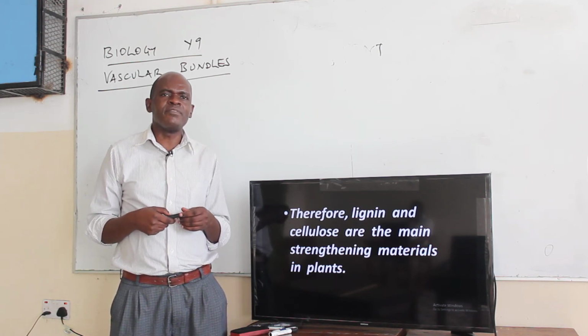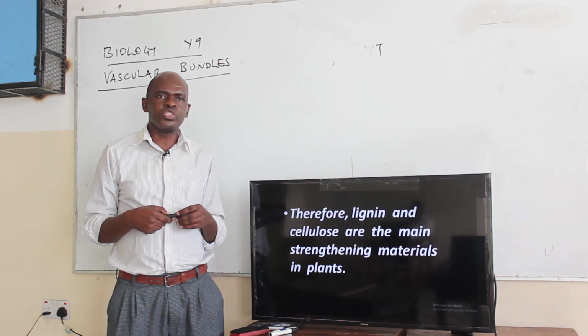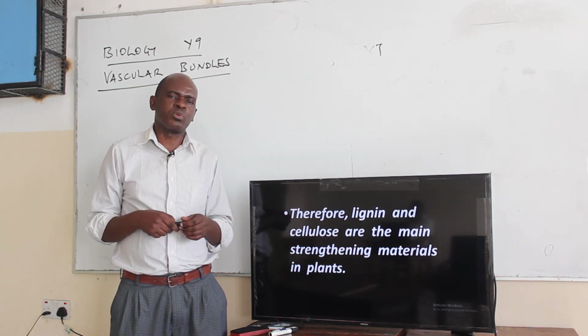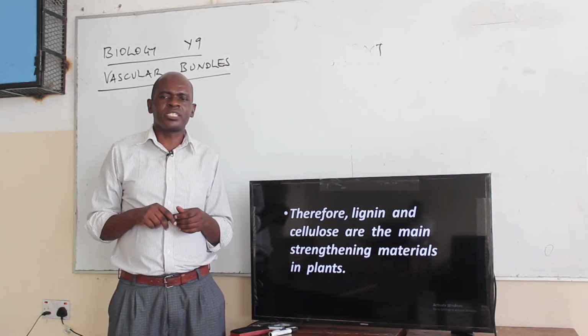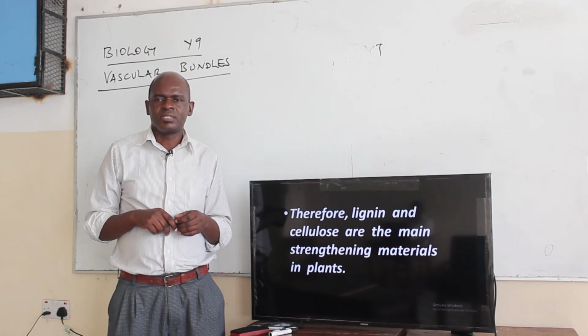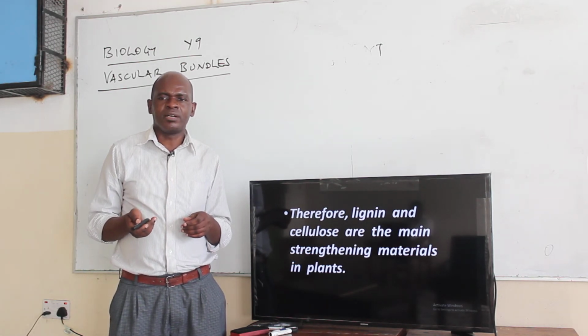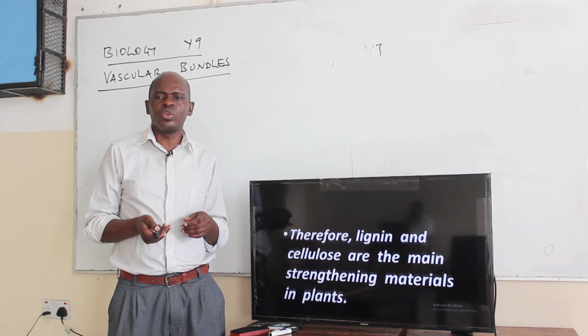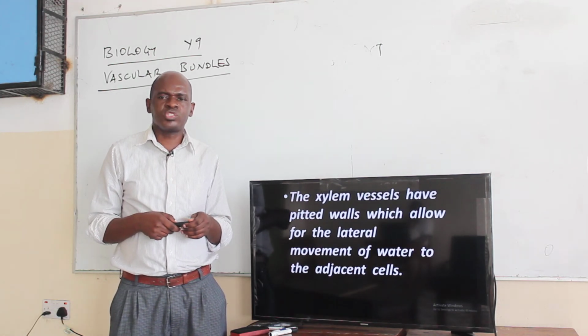Some of the leaves are normally very big and very juicy. They carry a lot of water, so there is too much pressure on the stems. So the xylem contains lignin and cellulose, which add extra strength.